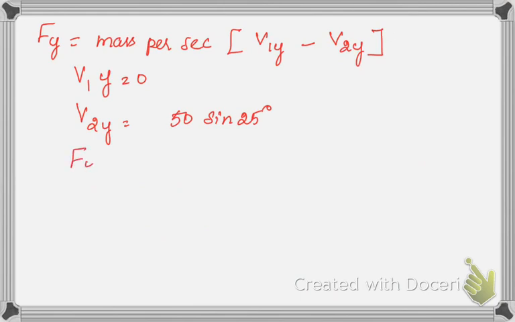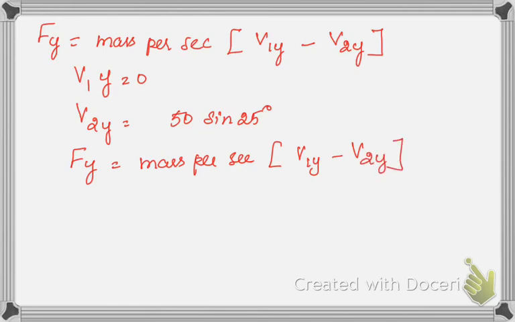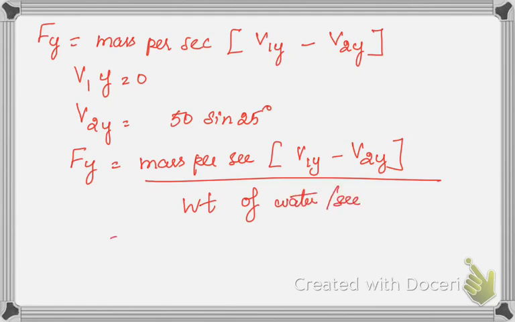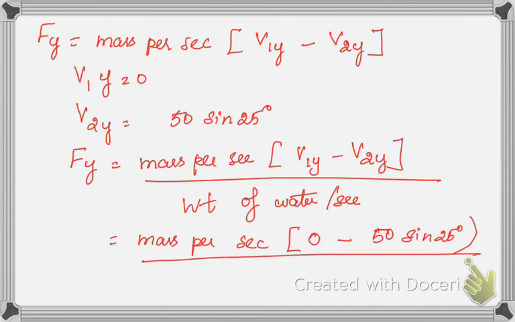So I'll be calculating my Fy is equal to mass per second into v1y minus v2y. Again we have been asked to determine it per weight of water per second. So this can be written as mass per second, my v1y is 0 minus 50 sin 25, divided by mass per second into gravity.